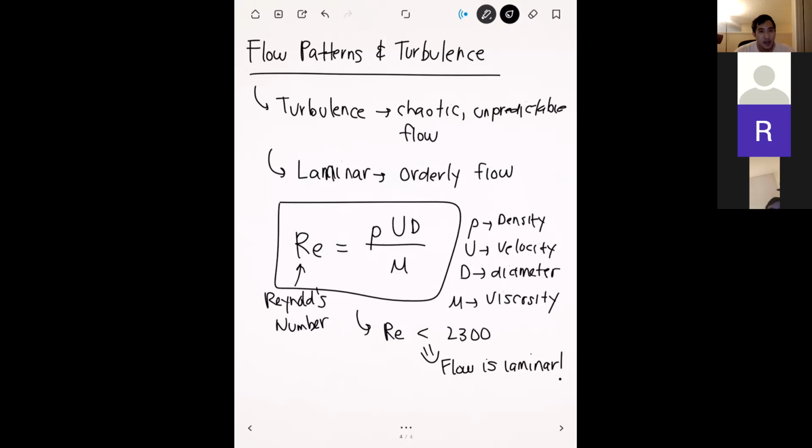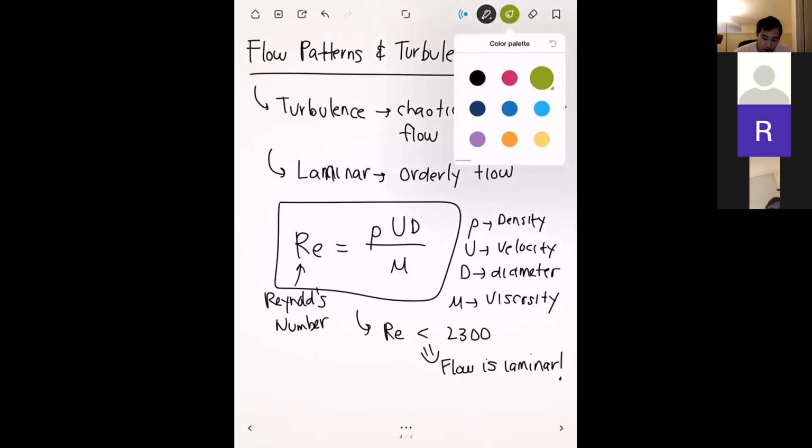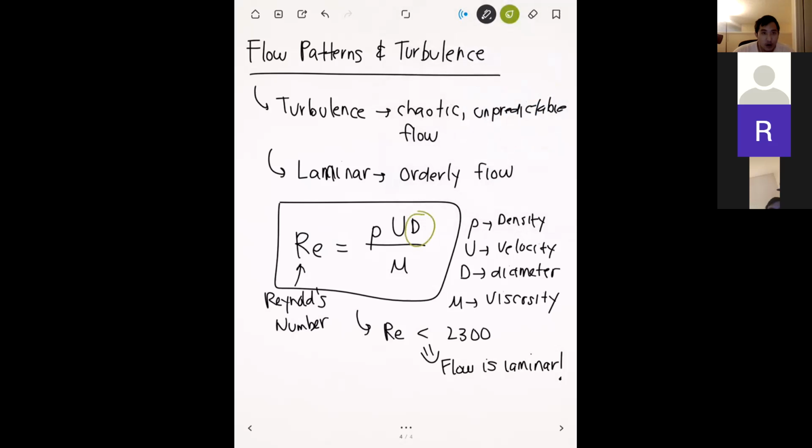And unfortunately, the thing that makes fluid mechanics so difficult is that a lot of flows tend to be turbulent, and so they become really difficult to analyze. But the fortunate thing about blood flow is that our diameters are really, really small. We're talking about blood vessels that are centimeters or millimeters in diameter. And so most of our flow is actually laminar.